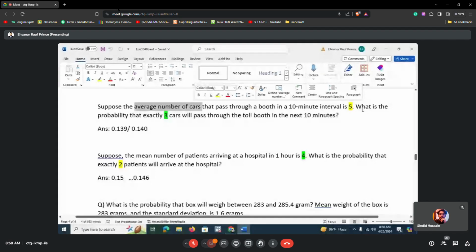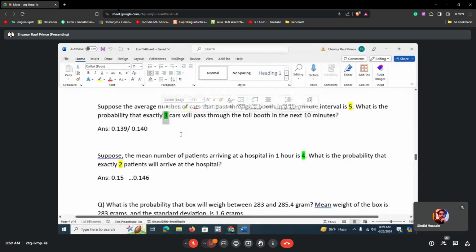Second line: what is the probability that exactly 3 cars will pass through the toll booth in the next 10 minutes? So we have to find the probability of what? The probability that exactly 3 cars will pass through the toll booth in the next 10 minutes. So the value of x is 3 here. The value of the random variable is 3.